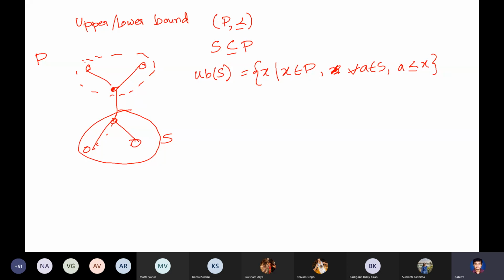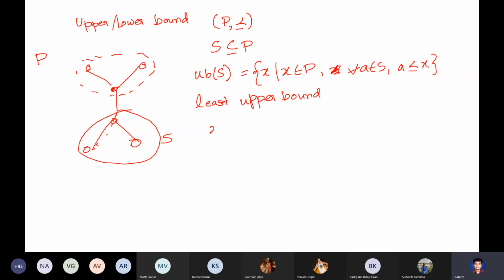Similarly, you can define the lower bound. Least upper bound.